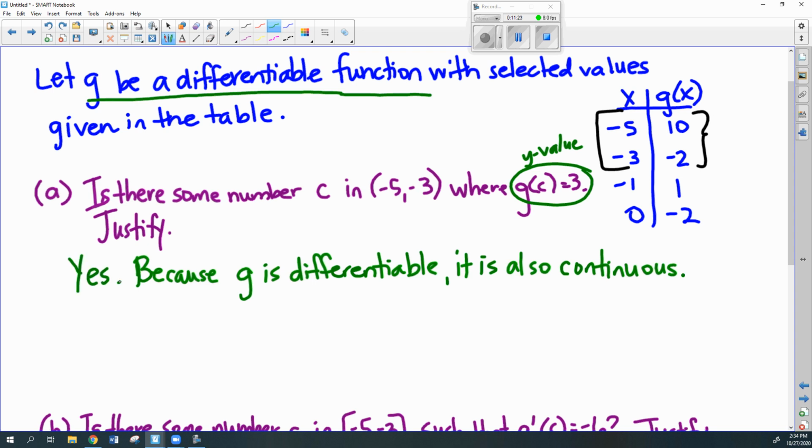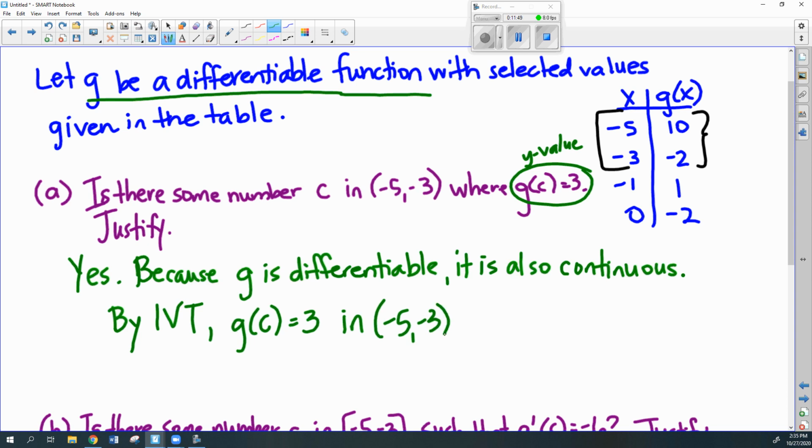So then we can go back and restate. Because g is differentiable, it is also continuous. By IVT, an abbreviation that is allowed on the AP exam, g of c would have to equal 3 in that interval because, and this is where you have to show that the k value they gave you is between an f of a and an f of b value.